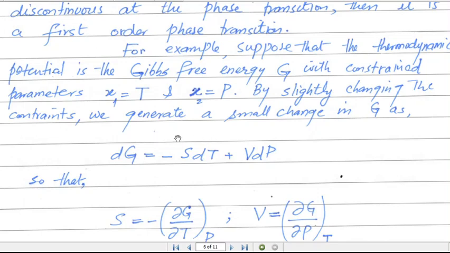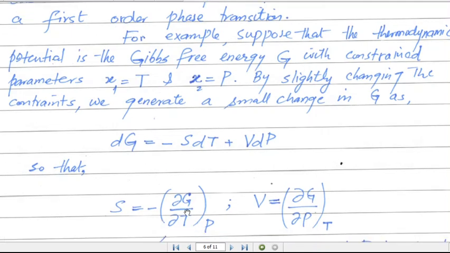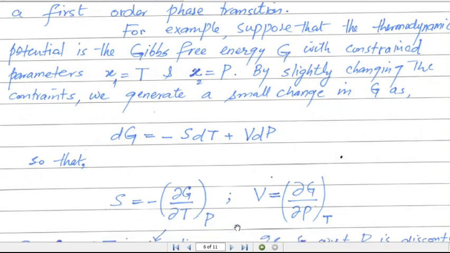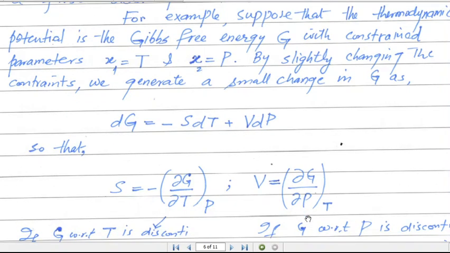If you differentiate and use the first law of thermodynamics, you will reach this expression, dG equals minus SdT plus VdP. So we can write S equals minus partial G by partial T at constant P, and V equals partial G by partial P at constant T.